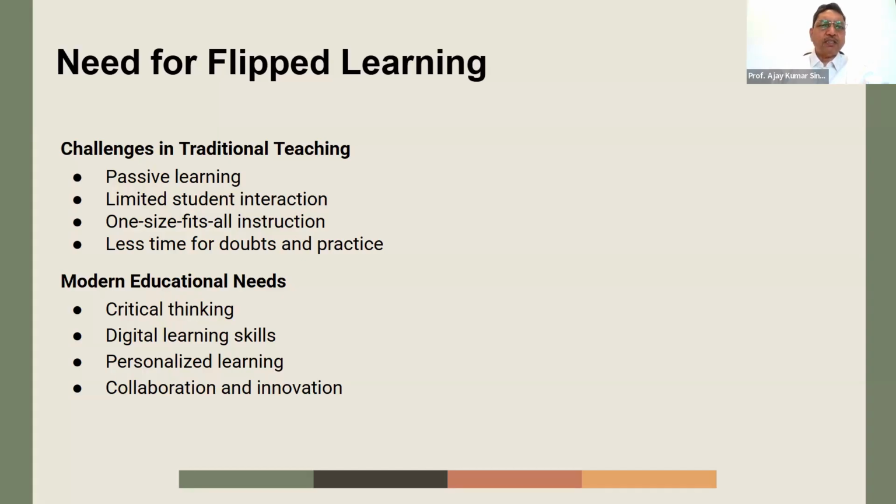Whereas modern educational needs, and particularly the requirements of jobs in the future in the context of Industry 4.0 and the upcoming Industry 5.0, in the age of artificial intelligence, in the age of generative artificial intelligence, in the age of agentic artificial intelligence, AI agents, and all that, we need human beings to develop these aspects more than was required before.